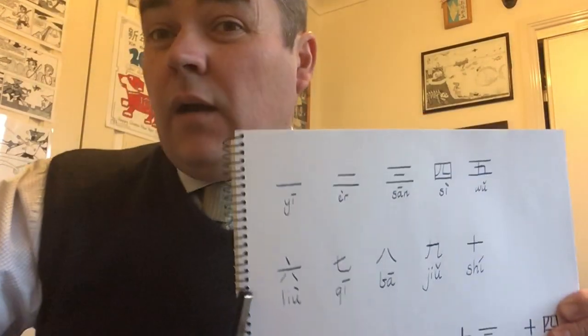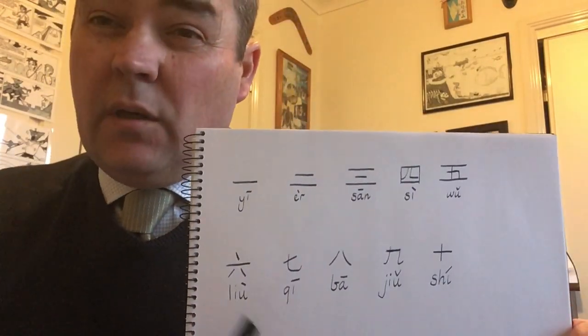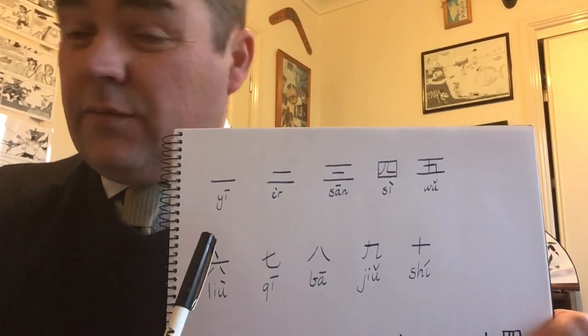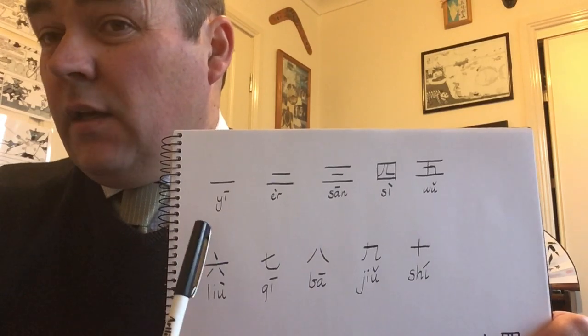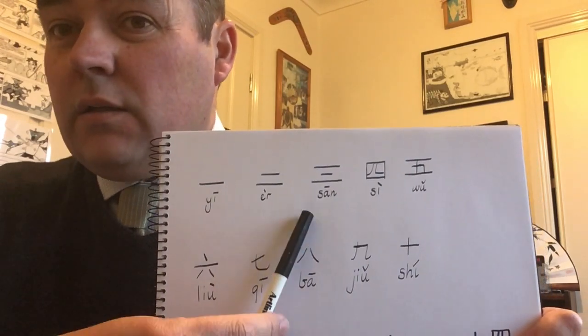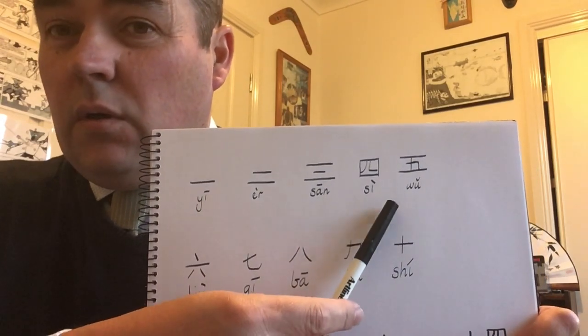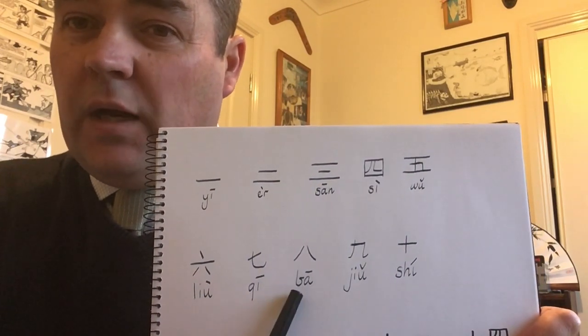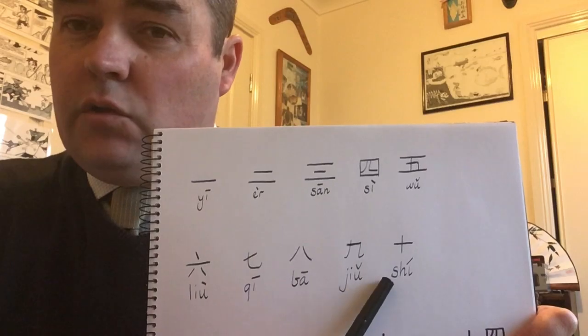Okay, so I'm going to get out some numbers now that we're going to use. Let me have a look, just a second. Okay, everyone, I have some numbers here. We've been looking at these numbers at school, so let's go through these very quickly. So we have 1, 2, 3, 4, 5, 6, 7, 8, 9, 10.